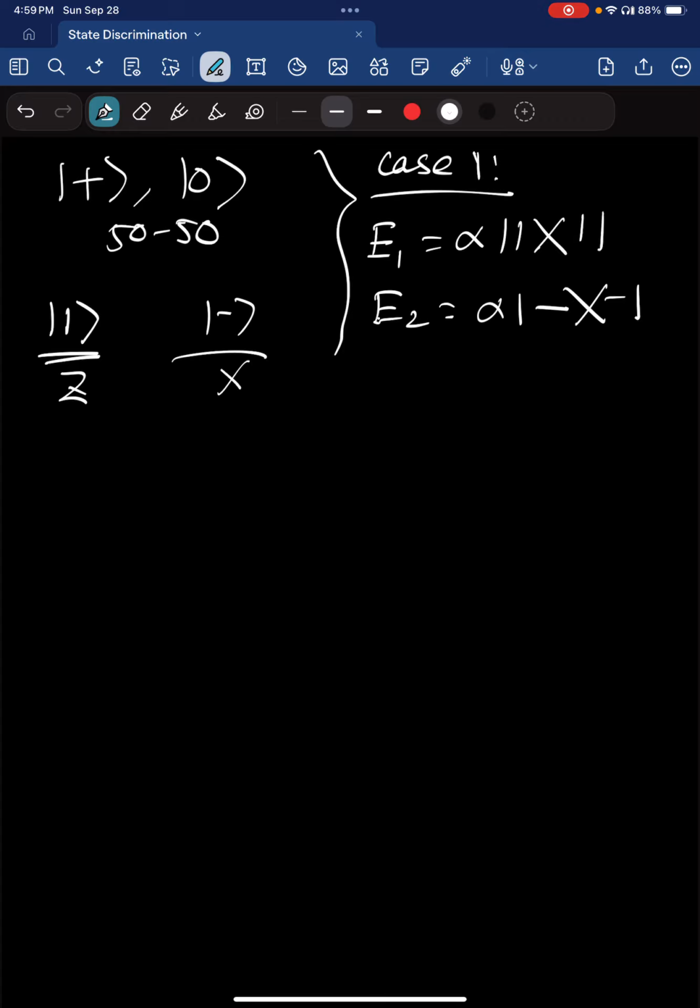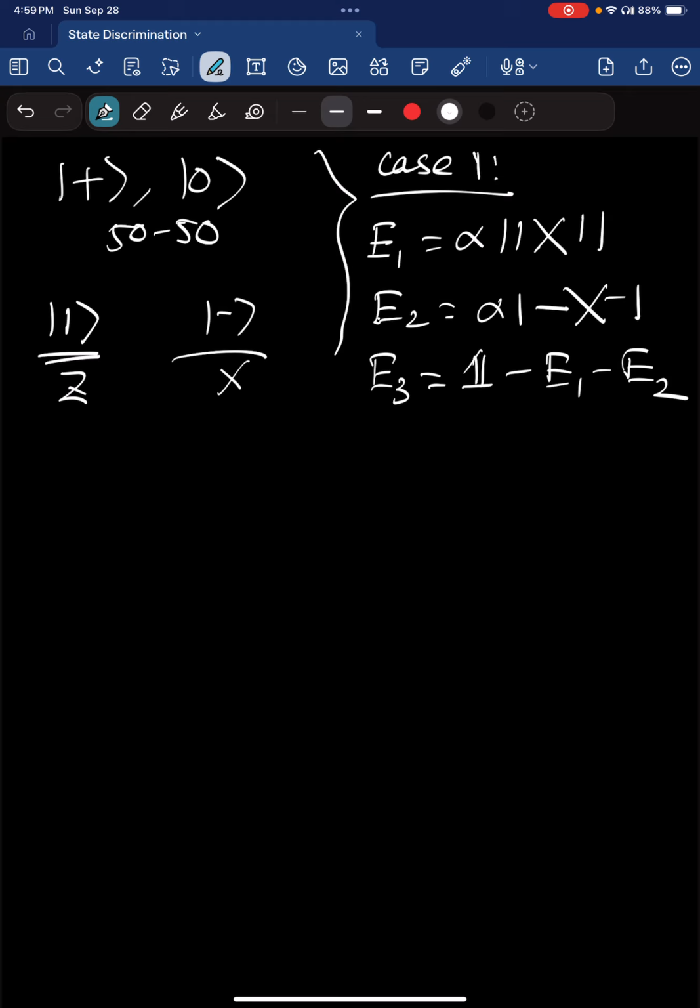If we get the result E1, then this is definitely the plus state. Now to complete a POVM, we need another element, which is E3, and E3 is basically identity minus E1 and E2, because the sum must be identity.